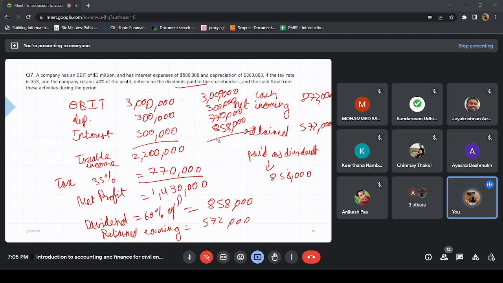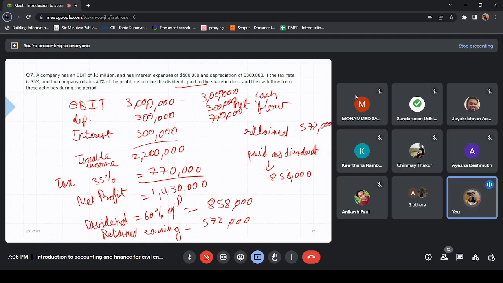Guys, I will need your answer. Okay, so I will repeat this point. What is the net cash flow, I mean cash flow that came? So you will say that your earnings before interest and taxes were 3 million, out of which you paid 500 as interest and 770 as taxes.